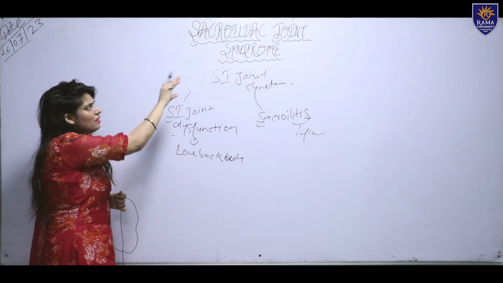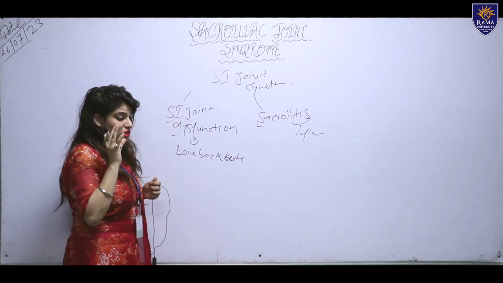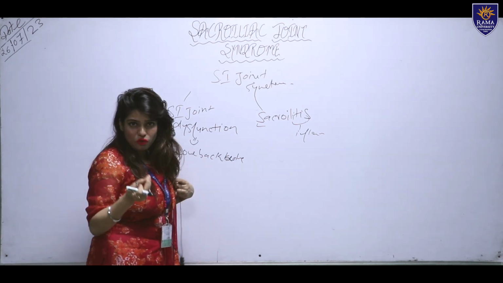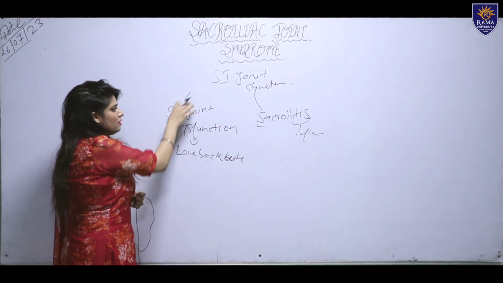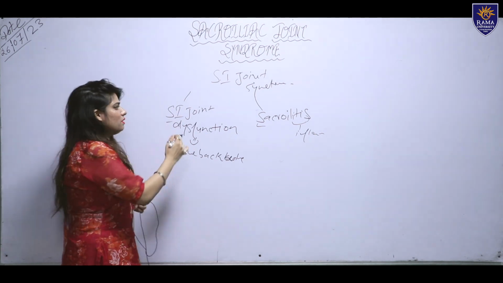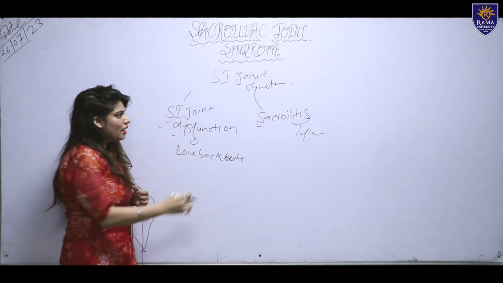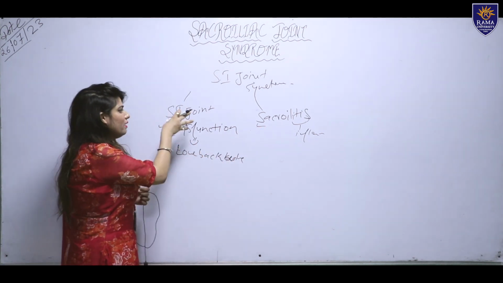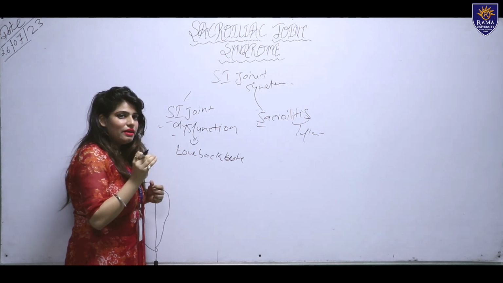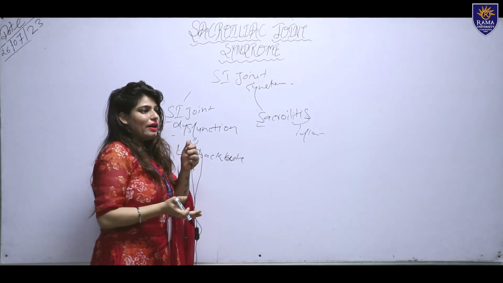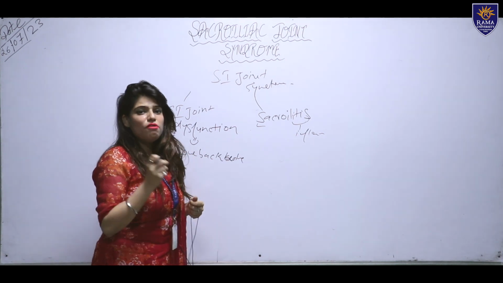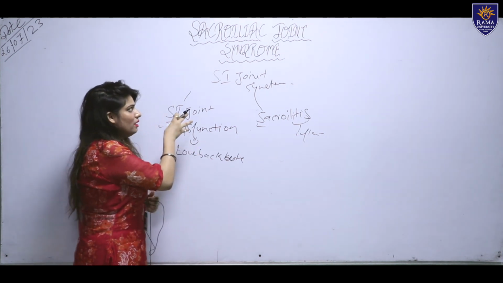In sacroiliac joint dysfunction syndrome, two main conditions occur. The first one is SI joint dysfunctioning, and the second is sacroiliitis, which is the inflammatory condition. In dysfunctioning, there is dropping of the pelvis, and malpositioning and malfunctioning occur in the sacroiliac joint.